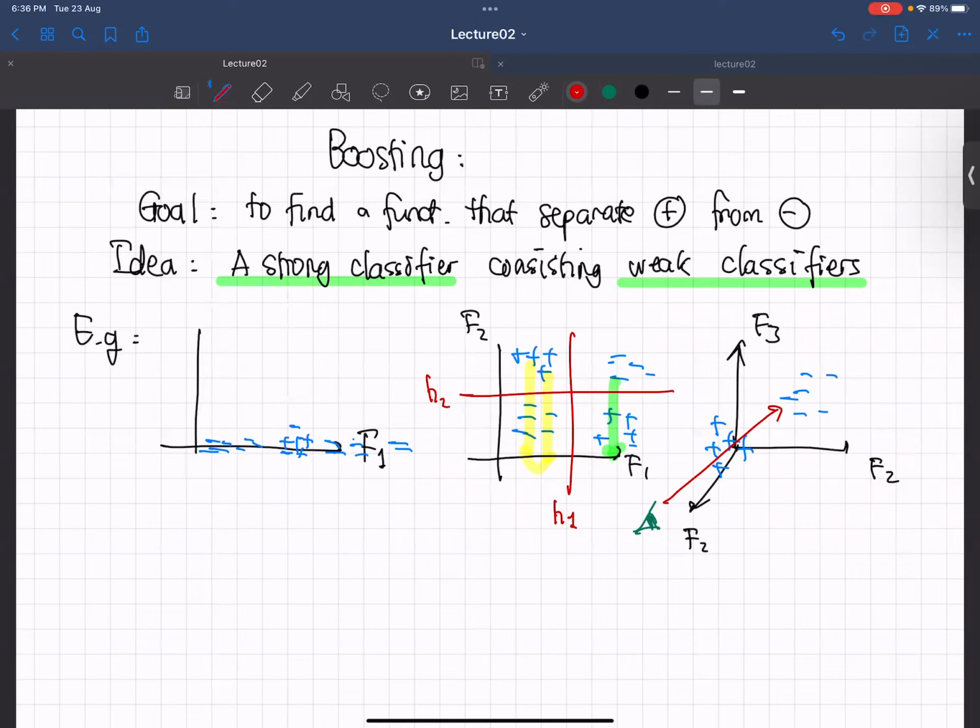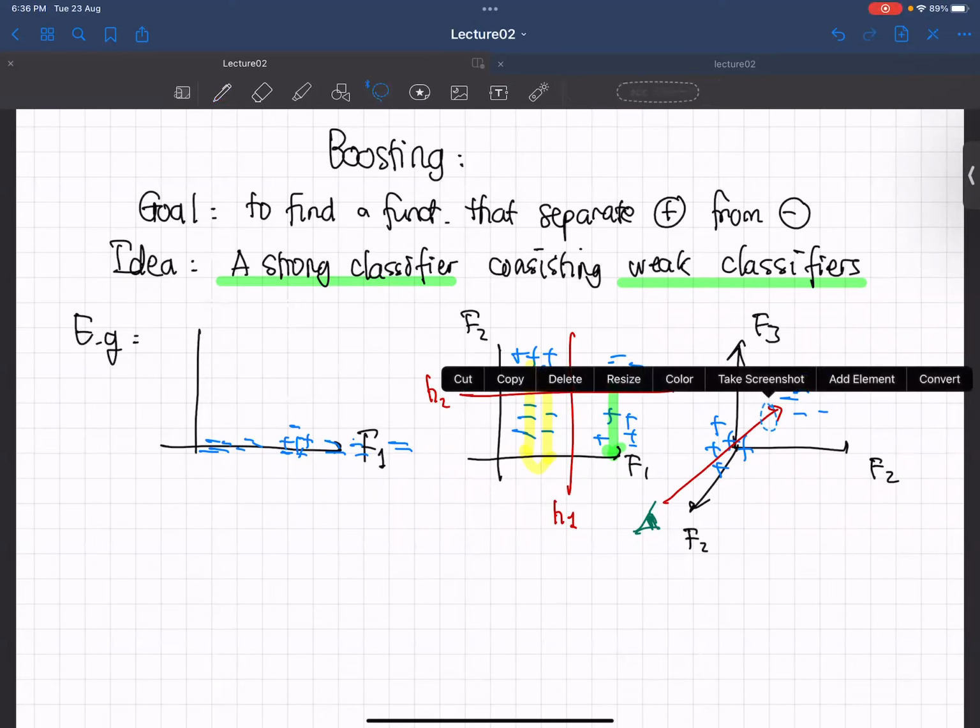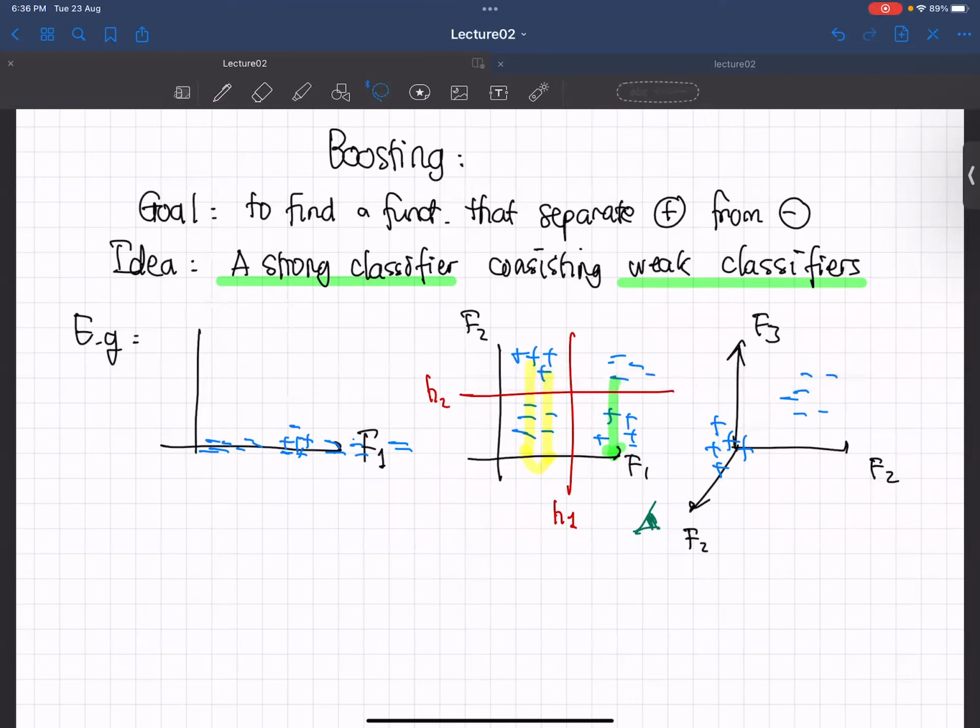It seems to us they are in the same space, in the same location, right? But actually in higher dimensionality, you have the opportunity to have a better separation. So in other words, the more dimensionality that you have, the more chance that you will be able to separate the positive and negative. Okay, so that's the basic idea of classification.